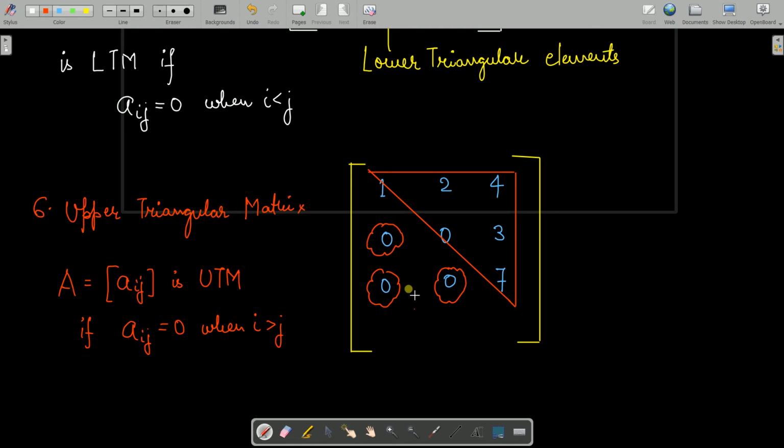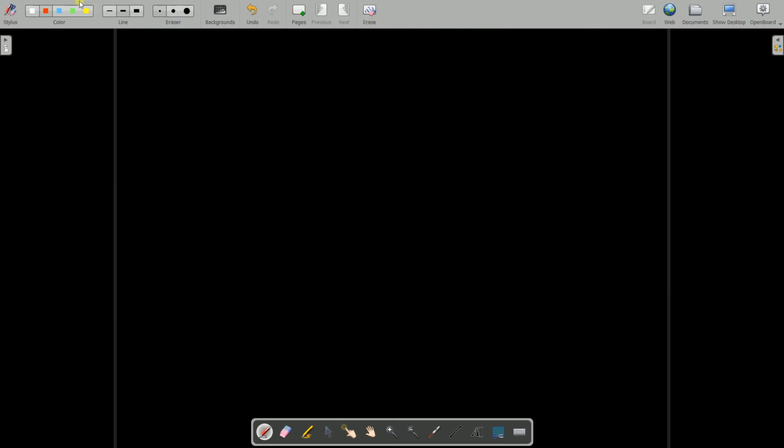So for all these parts, these elements have to be 0, and hence this is your upper triangular matrix, because all these elements are your upper triangular elements. Okay, so this is my lower triangular matrix and upper triangular matrix.